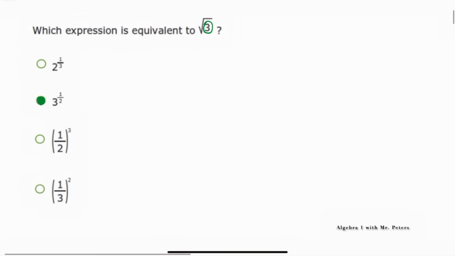So what does that mean? That means A and C are automatically gone because we don't have the correct base. And if we look at answer choice C, for this to be the correct answer choice, it would have to be radical 1 over 3, because then we would write it as 1 over 3 to the 1/2 power. So we know that is definitely not the correct answer.